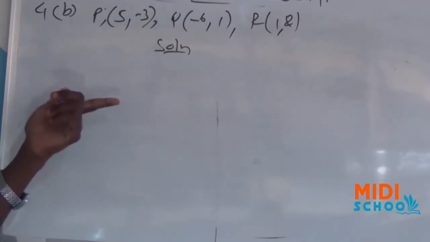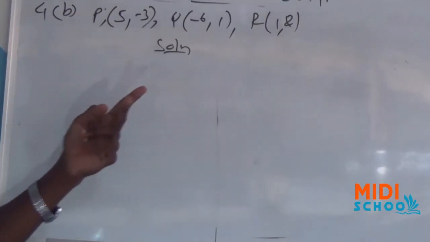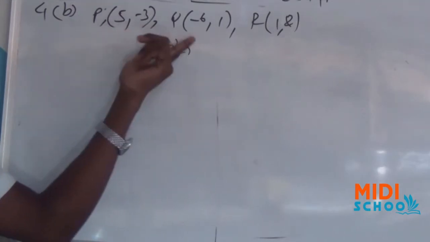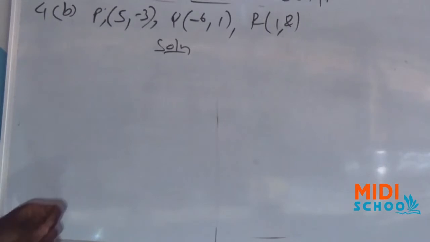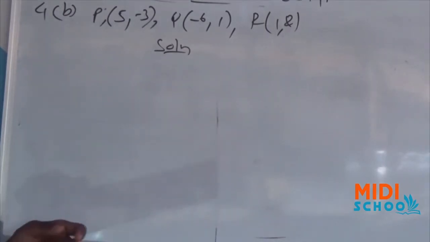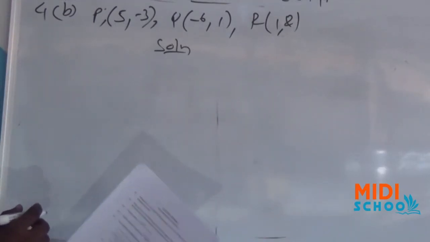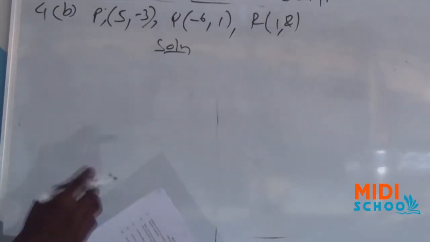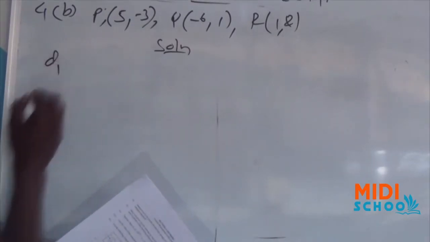If the slope between 2 points, let's say P and Q, is equal to the slope between another 2 points, they have a common slope, we conclude that this is an isosceles triangle. So let's take the case of finding the distance. If the distance between 2 points is equal, we conclude that this is an isosceles triangle. So let's take first the distance D1.